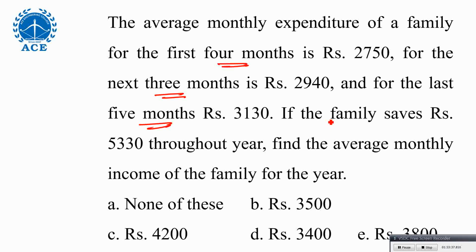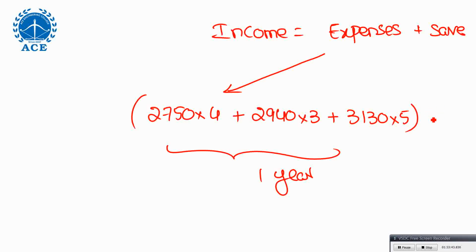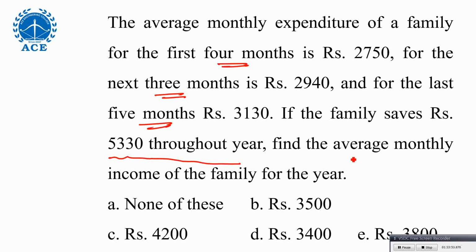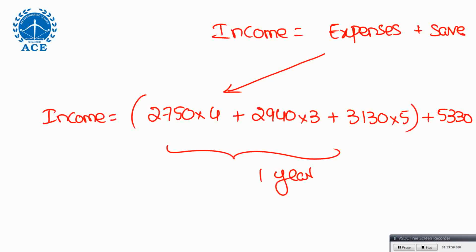They said 5,330 is the savings throughout the year, so add 5,330. This is your total income. You want per month, so what is the question? Average monthly income, divided by 12. At the end, after all this adding, we have to divide by 12.